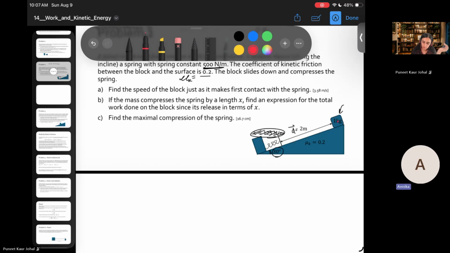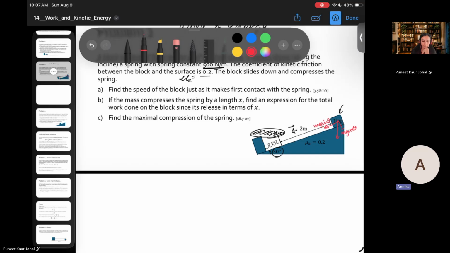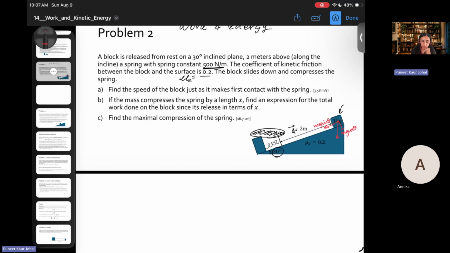Yeah, it's this component of gravity, right? If gravity is greater than friction, the other component.